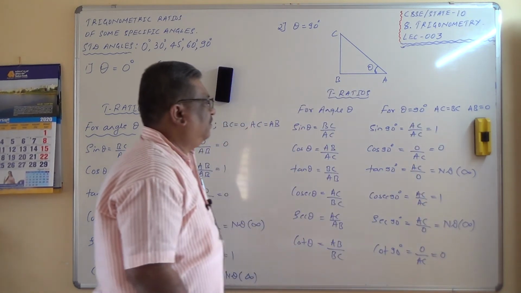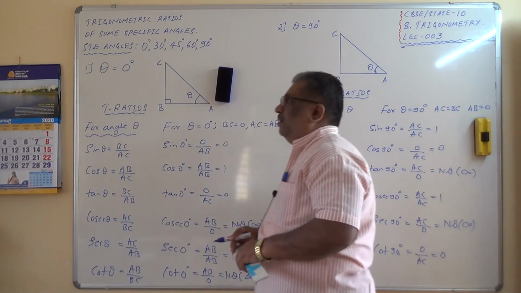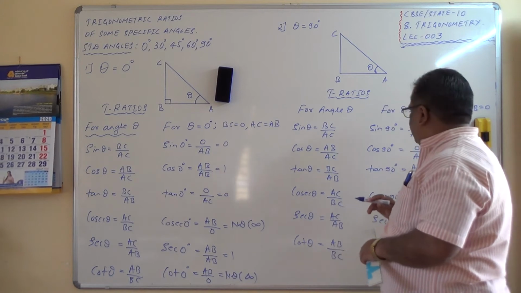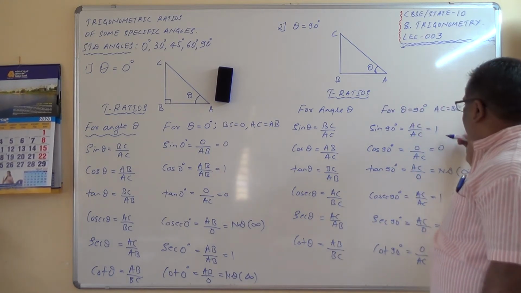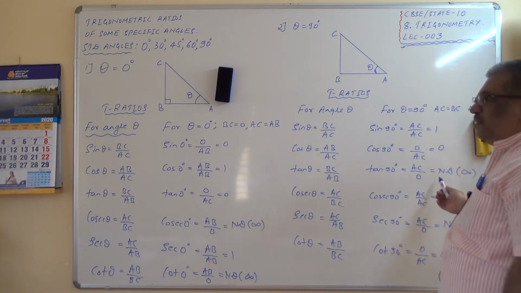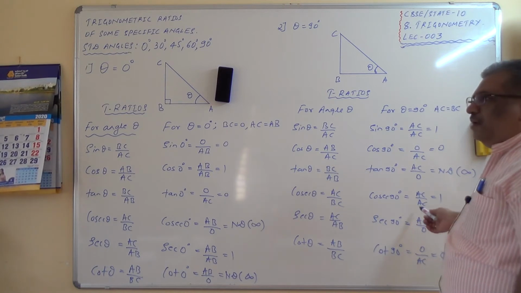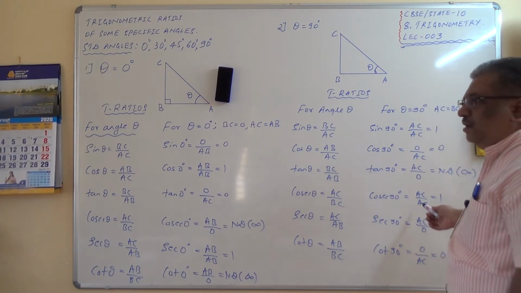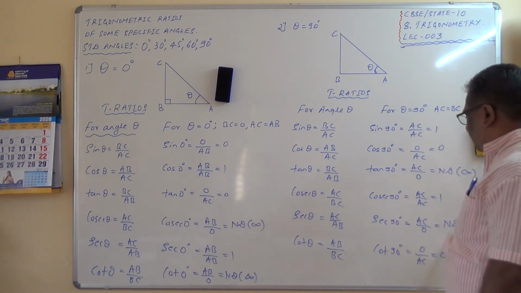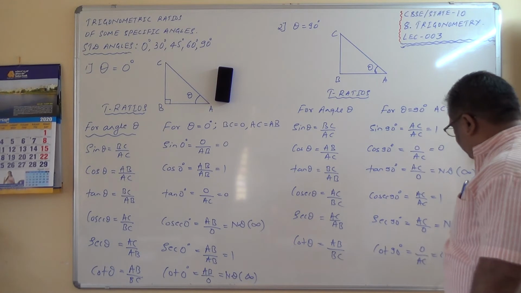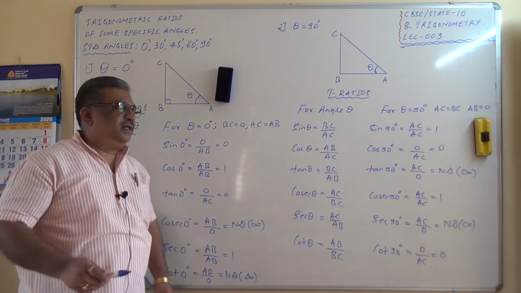These are the values. So let me check whether these are correct or not. Sin 90 is 1, cos 90 is 0, tan 90 is not defined, cosec 90 is 1, and sec of 90 is not defined, and cot of 90 is 0. All these are correct. Note down these ratios first, then we will go to 30 degrees, 60 degrees.